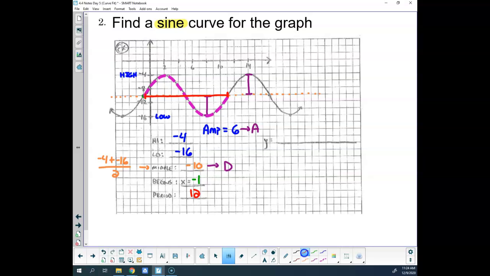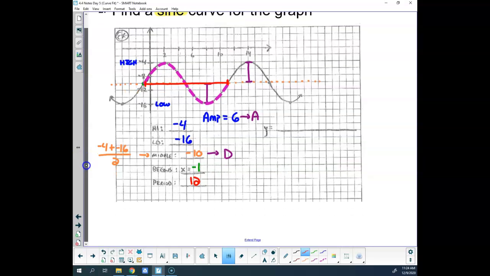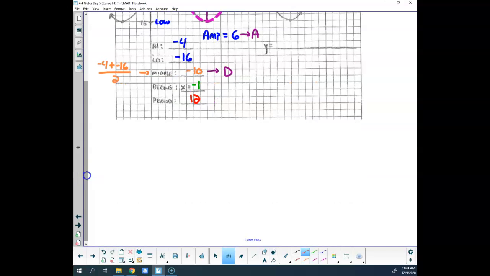Now, we learned a formula last week that said that the period was equal to 2 pi divided by b, correct? Well, if I solve that for b, because I want to find b, I would just flip-flop b and my period.